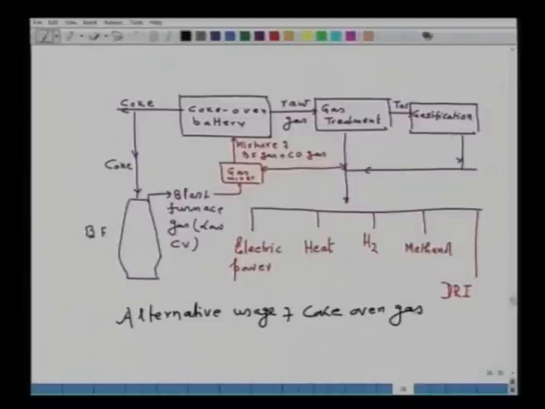So, in short, what I wanted to say here is that there is a strong correlation between the energy balance and finding out the ways for energy security and environment sustainability.